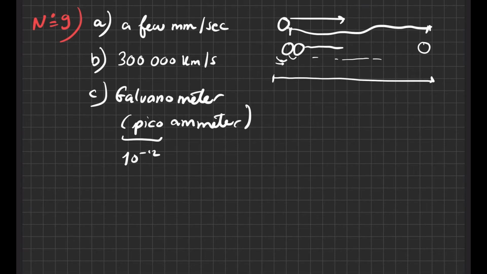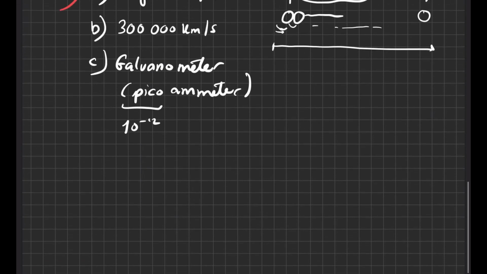Just as micro is 10 to the power minus 6, pico is 10 to the power minus 12. So it's really small. Now let's continue with our questions. Let's move to number 10. True or false? And we have to correct the false statements.